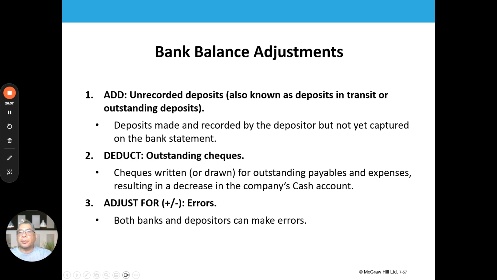Okay. Bank balance adjustment. You can add unrecorded deposits, which are deposits made and recorded by the depositor but not yet captured by the bank statement, or deduct the outstanding checks, which are written for outstanding payables and expenses, resulting in a decrease in the company's cash account. Number 3, adjust for errors. Both the bank and the company can make errors.